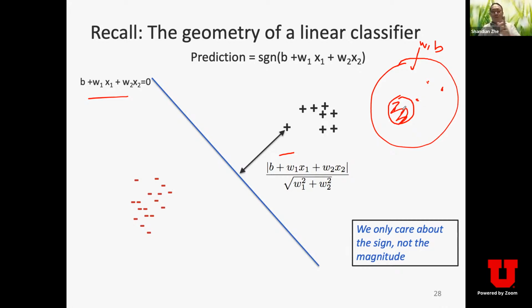Okay. This is a very important point. So now we're going to pick up a subset of WB such that for any point here, the minimum functional margin over the training set is 1.